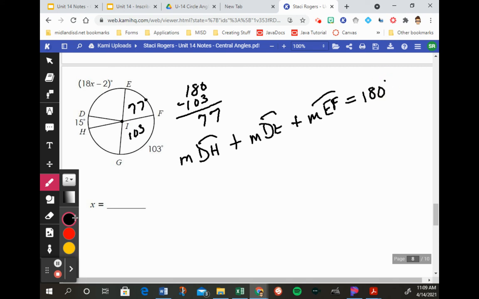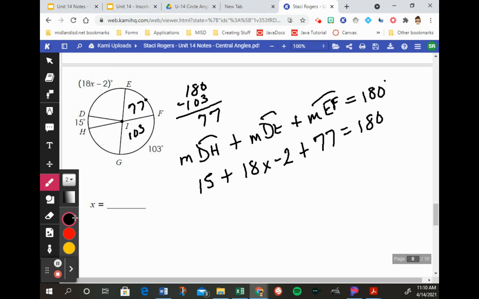So let's fill in what we know. 15 plus 18x minus 2 plus 77 equal to 180. 15 plus 77 minus 2.